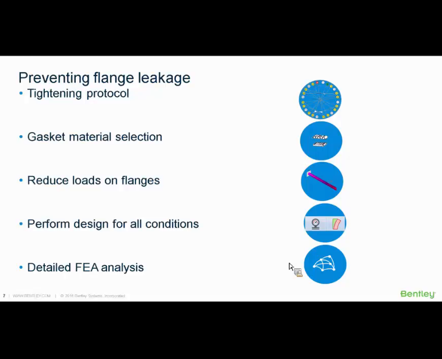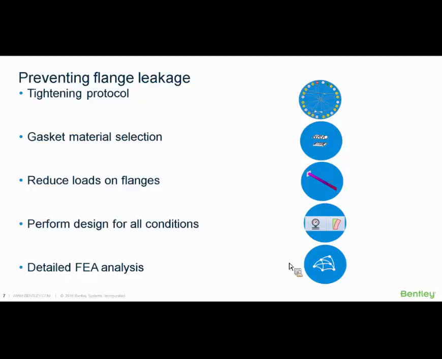You should be following a certain set of rules on how you can tighten the bolts, in which sequence, and how you can properly install the gasket, apply even loads, and get away from unbalanced loads, and many other practical considerations during the tightening or assembly of the flange on the site.